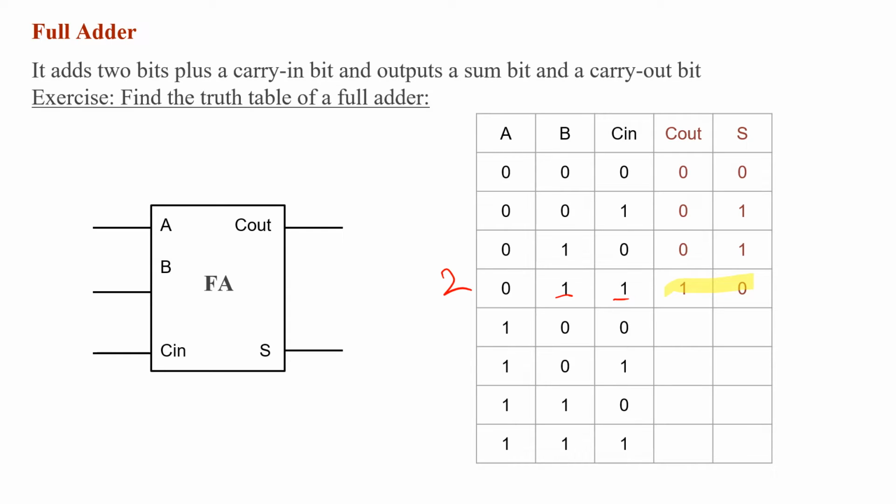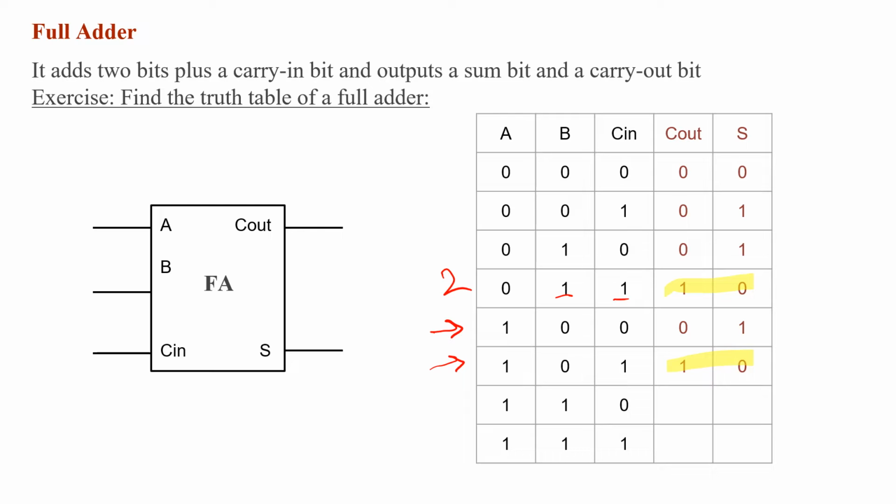Here in the next combination, we're adding 1 plus 0 plus 0, so that means we have a sum bit of 1 and no carry out. Next we have 1 plus 0 plus 1, that means the result is 2, so S must be 0 and we'll have a carry out. This is similar to the highlighted case from earlier.